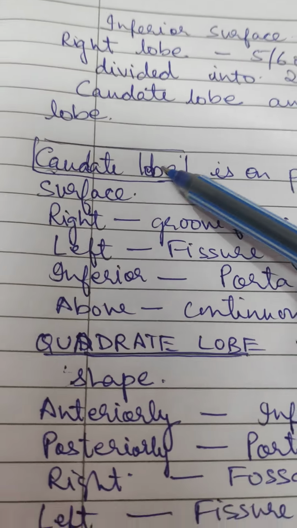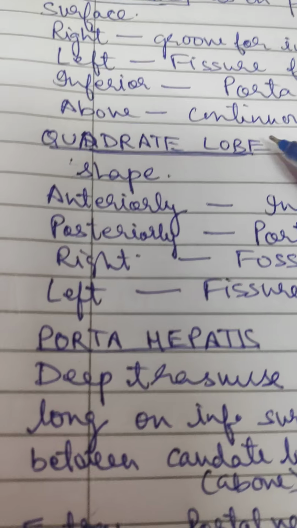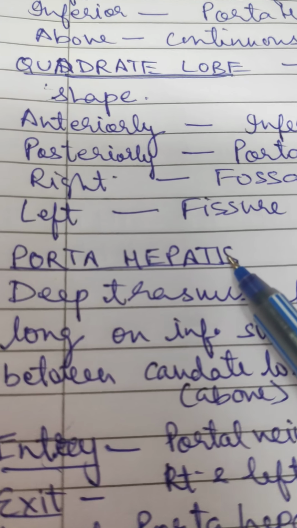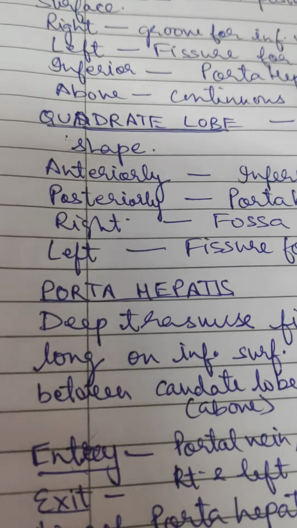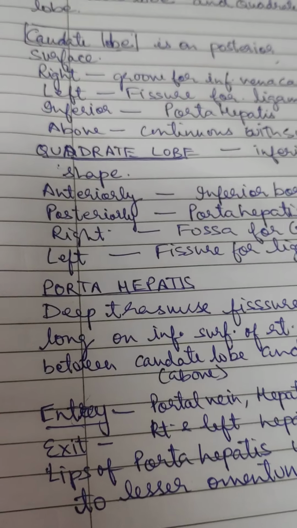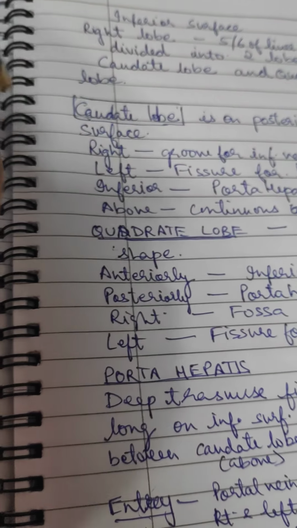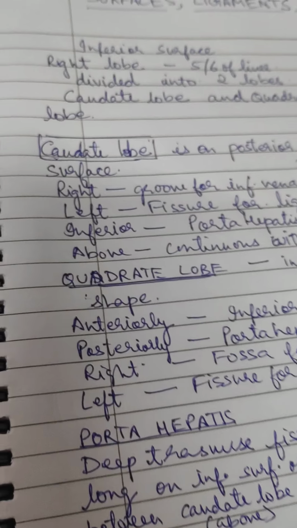Right lobe is divided further into caudate lobe, quadrate lobe, right? Porta hepatis. Now before we go further, we need to understand about the ligaments as well. So to study the ligaments, we need to move towards the development of liver.